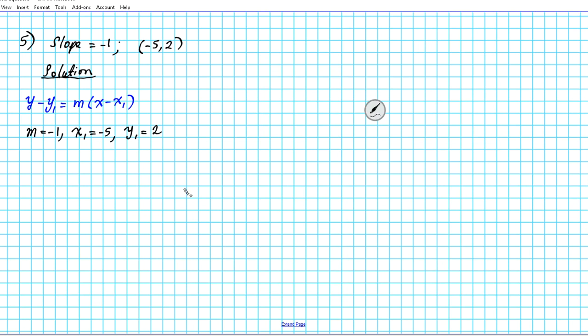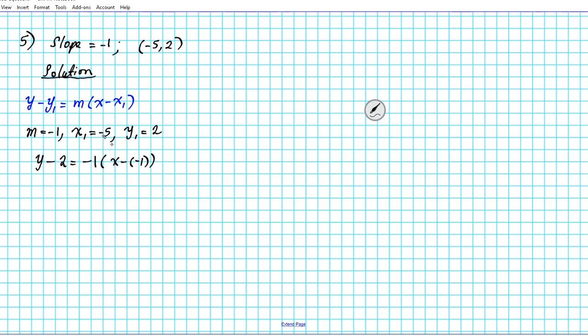Alright, so we're going to go ahead and substitute these values into the point slope formula. So we have y minus y1, y minus 2, equals m, which is negative 1, times x minus x1, which is minus 1. Okay?